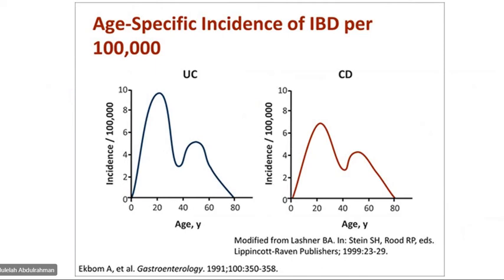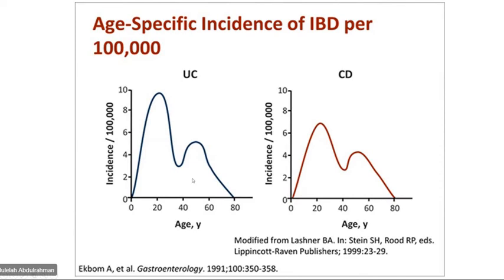This is an age-specific incidence. It's an old one, yet still applicable. On the left side, you can see the UC, and on the right side, Crohn's disease. And there is what we call an M-shaped, two-peaked graph or curve. You can see that most of the patients we diagnose with IBD are in their late childhood, teenage years, and early 20s. But this doesn't mean that we can't diagnose patients in their 30s or 40s yet.